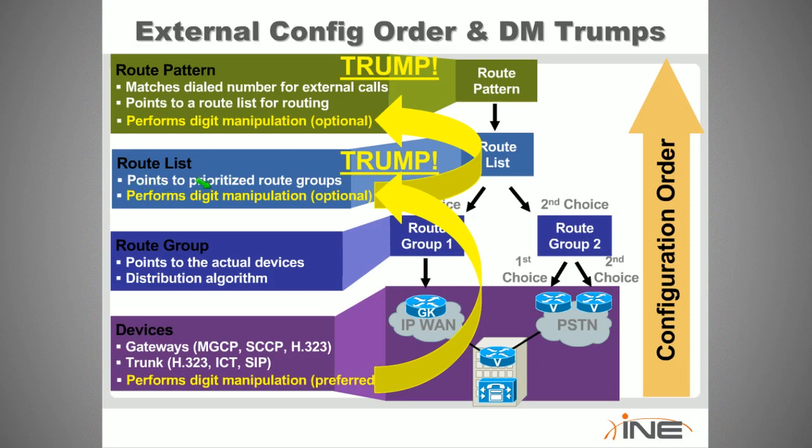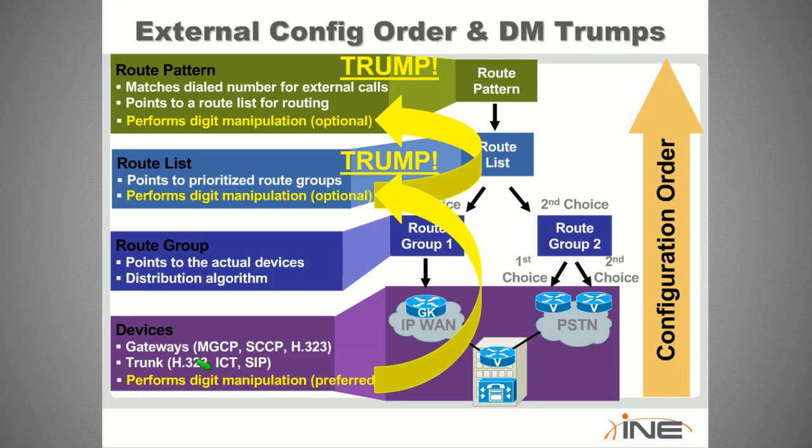Or the call had already gotten to the translation pattern, or maybe to the route list details level, and we told it how we wanted that calling or called number to transform there on the same page. The reason gateways are a lot more to think about, gateways or trunks, calling and called party transformation CSS, is because the call's gotten down to the gateway, but we don't actually transform the number right there on the page.